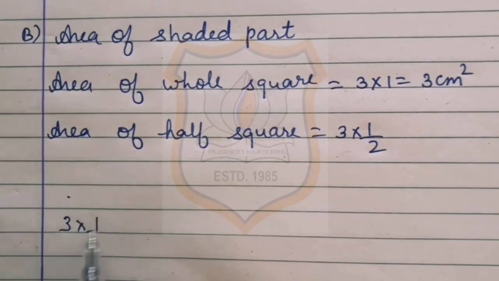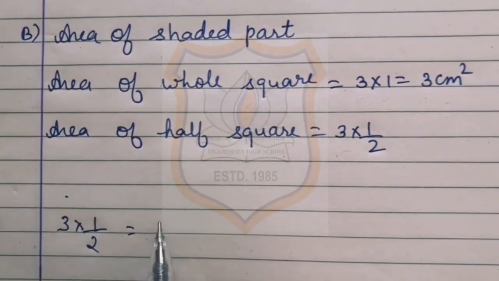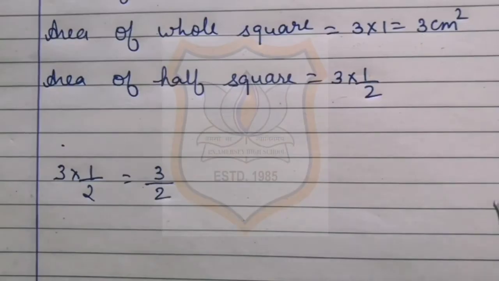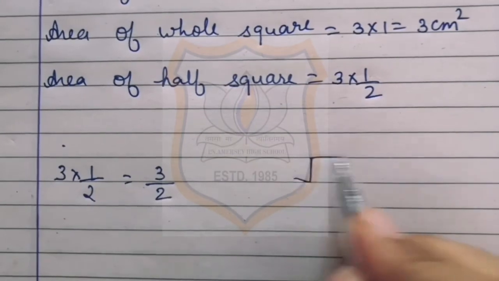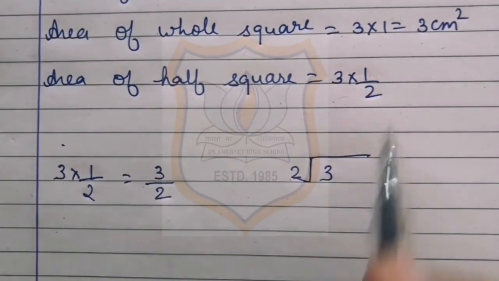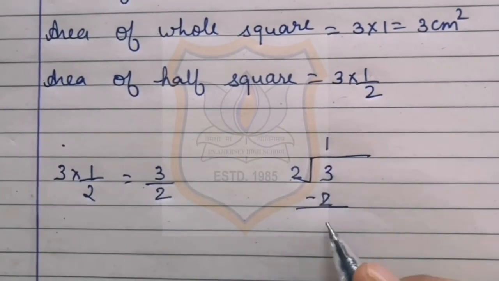3 multiplied by half. First we will multiply 3 by 1. 3 ones is 3. We will divide it by 2. Now we will divide 3 by 2. 2 ones are 2. By subtracting 2 from 3 we will get 1. Now we can't divide 1 by 2.